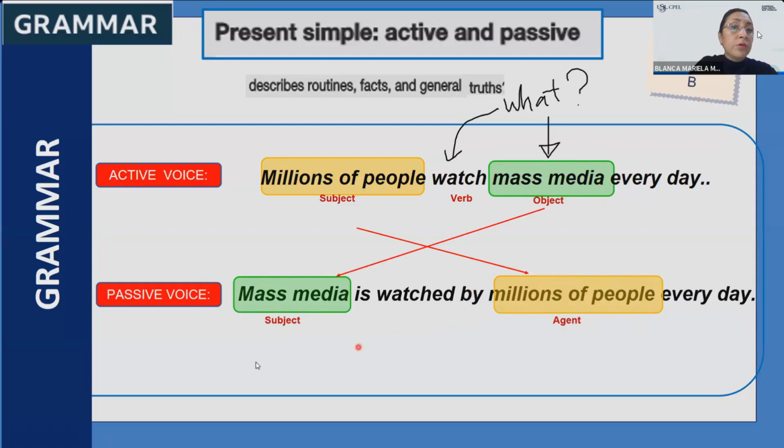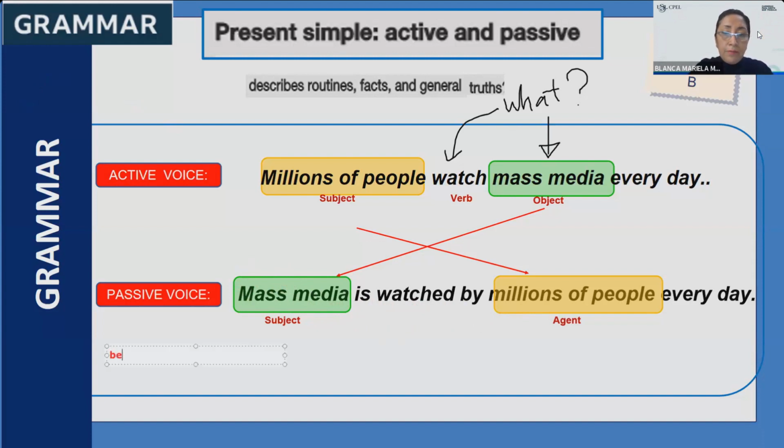Remember why? Because the emphasis is on what happens. What happens? Mass media is watched by millions of people every day. You say TikToks are watched by millions of people every day. So what happens?